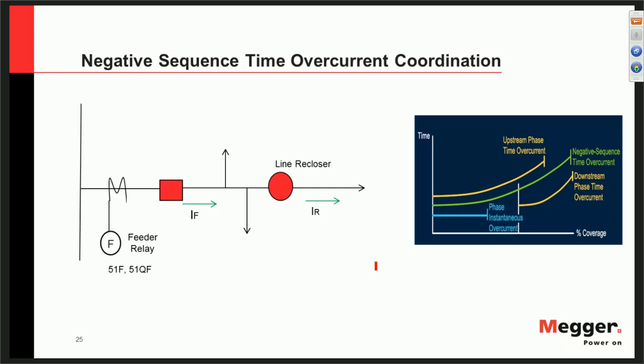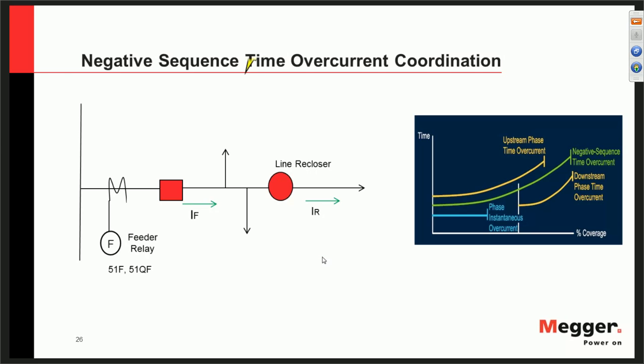So let's take this for an example to have a good understanding of what I'm saying. I have a system like this. I have a line recloser. I have a feeder breaker, feeder relay, which has both phase overcurrent elements and negative sequence overcurrent elements.